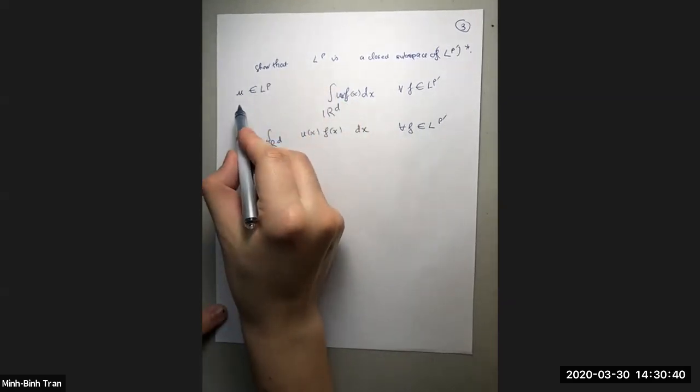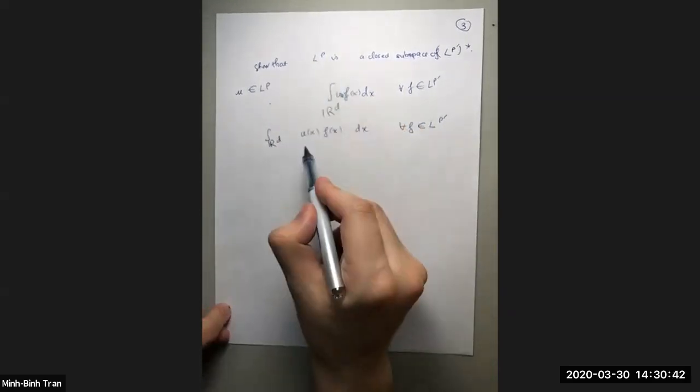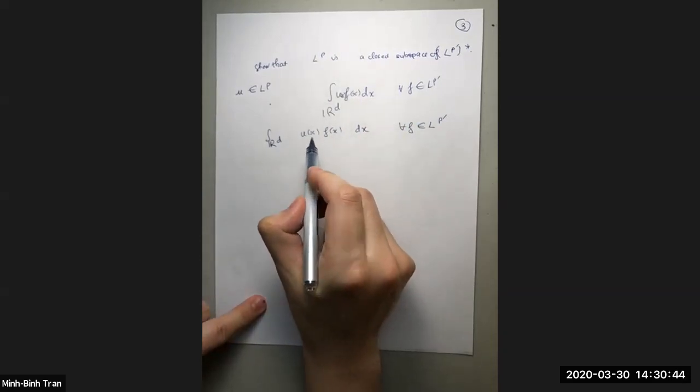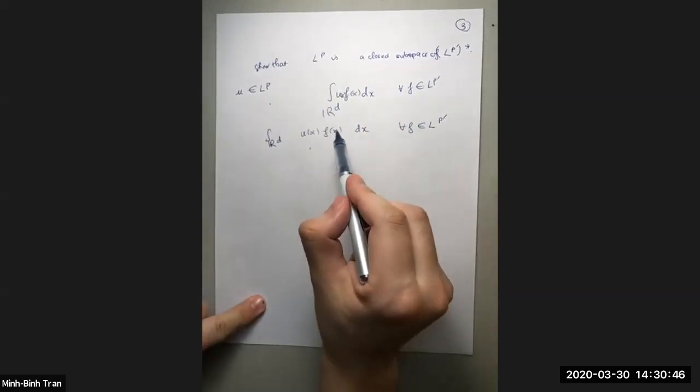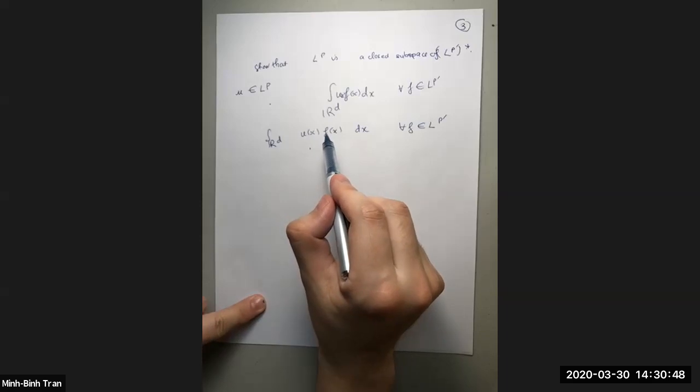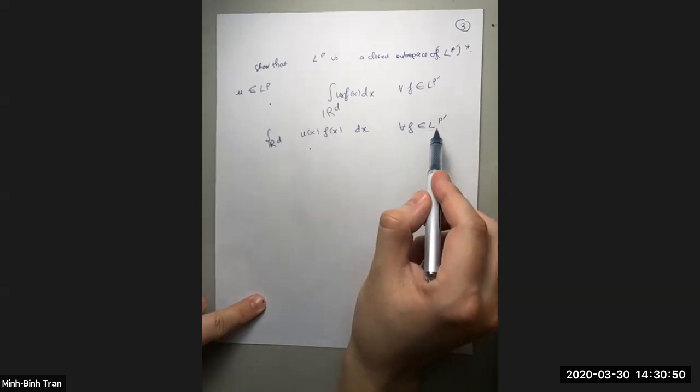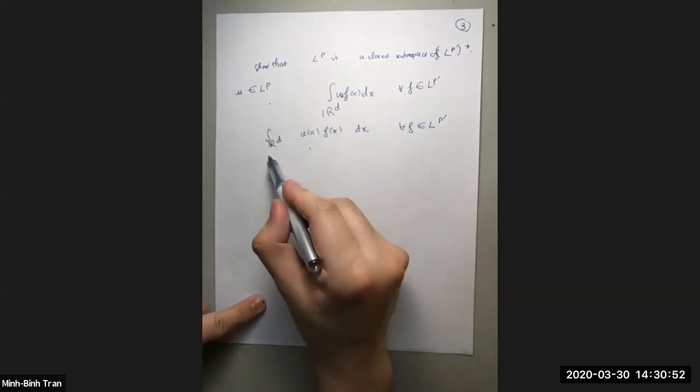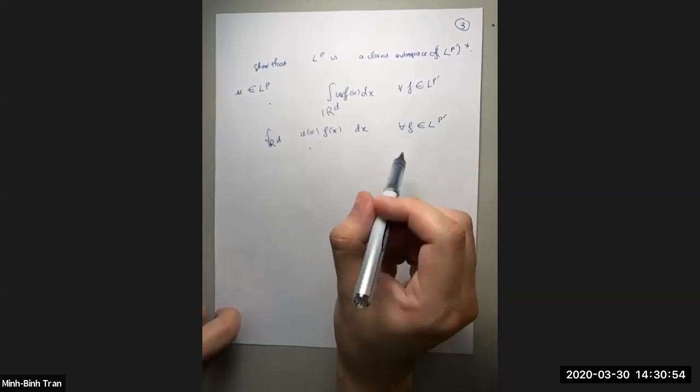For all u in L^p, I'm going to fix a u, but I'm going to multiply this u with all of the f in L^p', and I integrate them on R^d.